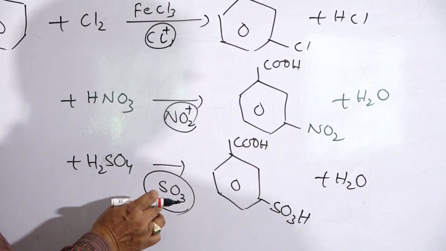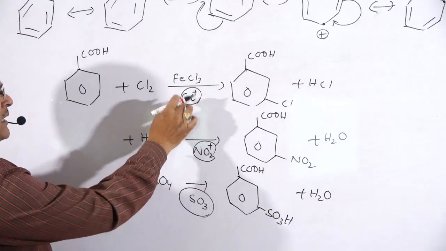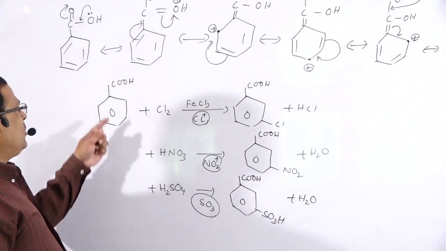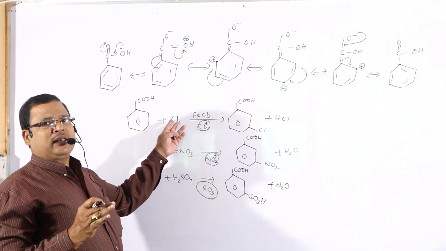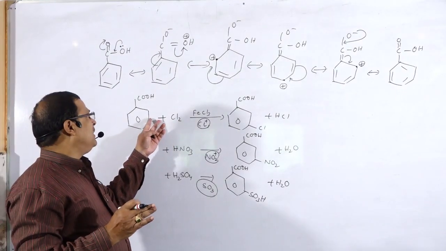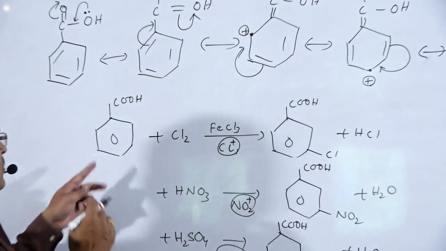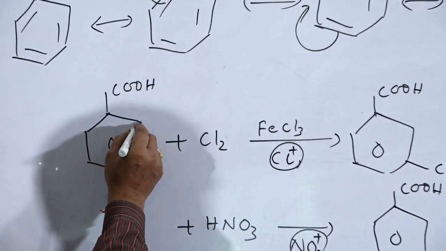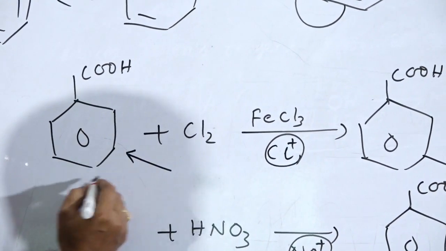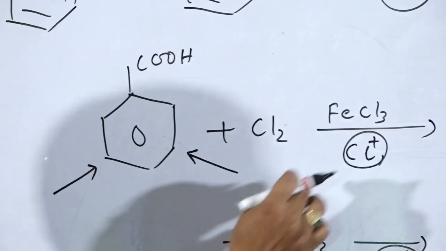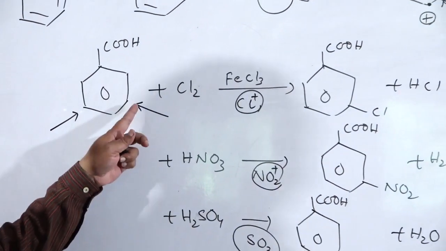This is very important: SO3, NO2 plus, Cl plus. These are the electrophiles. So how does electrophilic substitution take place in the benzene ring of benzoic acid? At the ortho and para positions there is less electron density, and the electron density becomes more at the meta position. So these electrophiles will get directed to the meta positions.